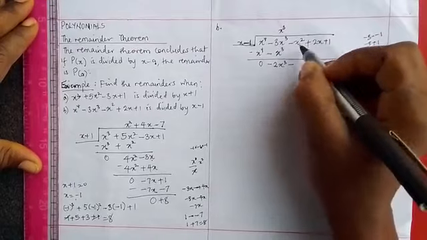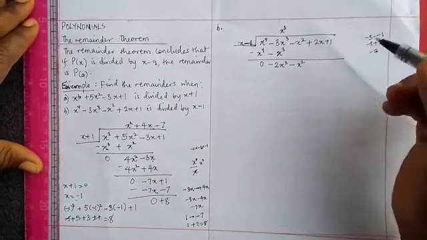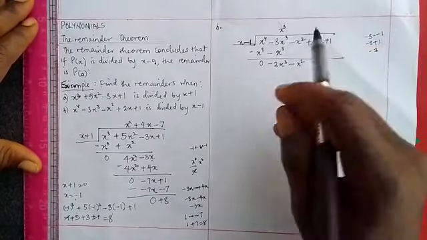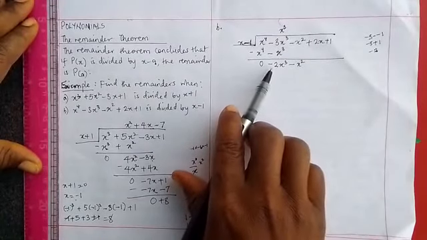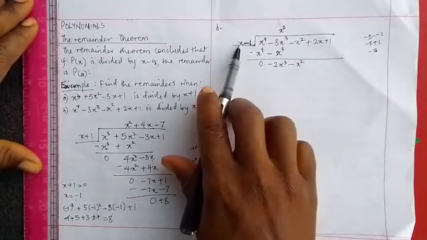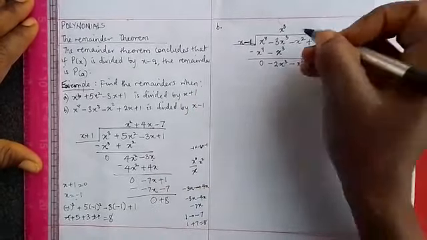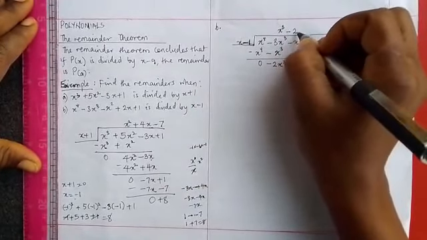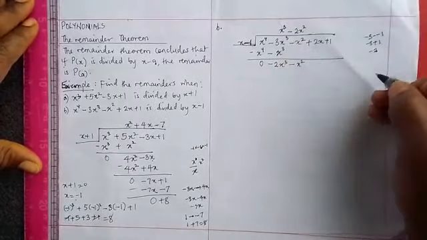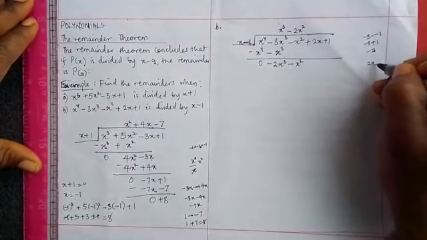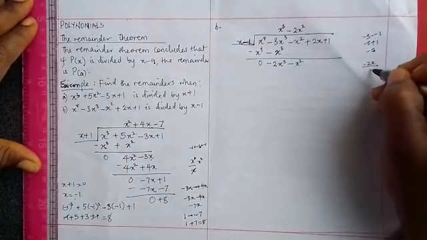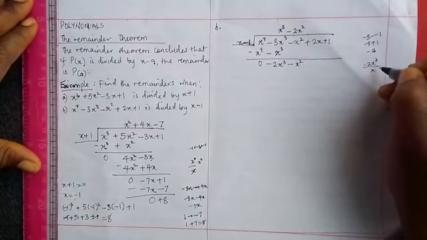We bring down the next number, x squared. We do the same thing again. Minus 2x cubed divided by x is minus 2x squared. If you feel confused, you can just bring it out somewhere and then divide it.